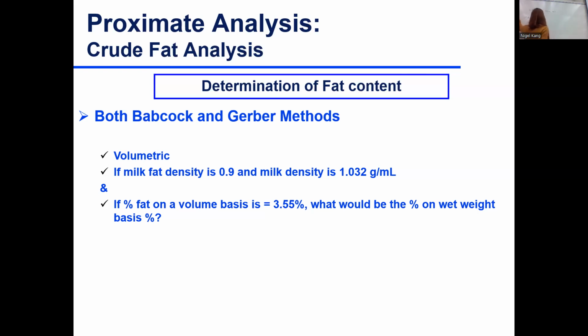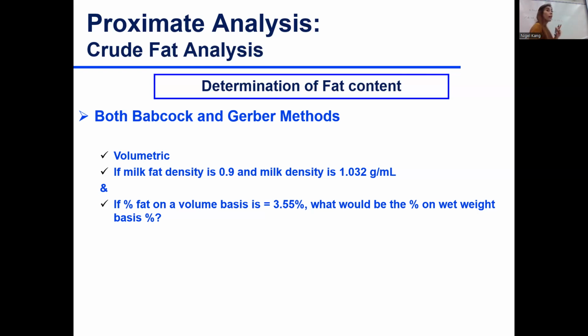So what is density? Actually not weight, just mass to the volume. And the volume of fat was 3.55 ml. So the mass of fat you have here is 3.195 grams.